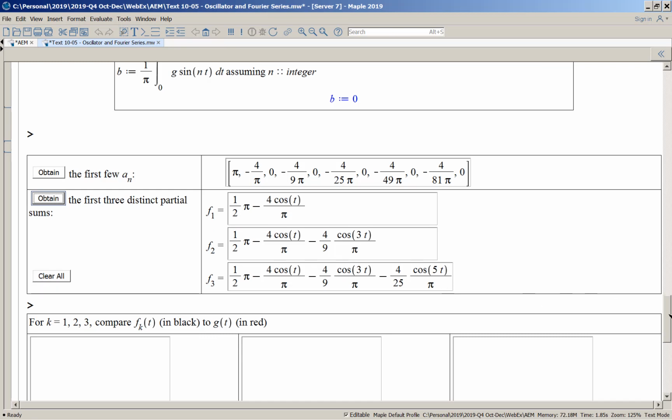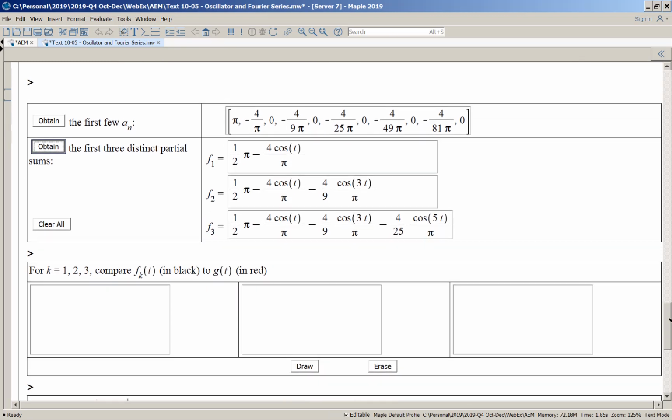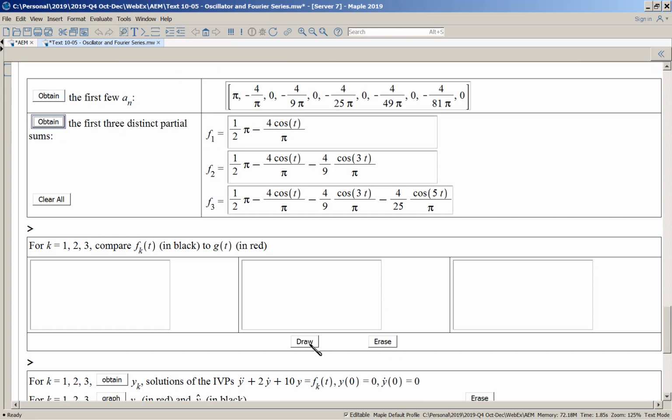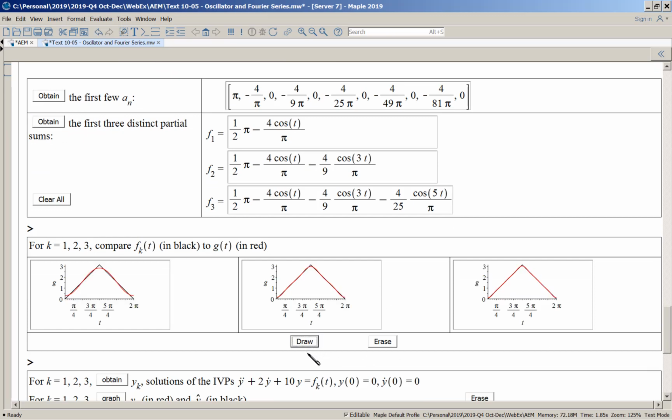How good a job do these partial sums do in approximating the tent function g? Well, f1 clearly doesn't do a great job. f2 is not perfect either. You can see there's discrepancy at the peak and here at the endpoints.